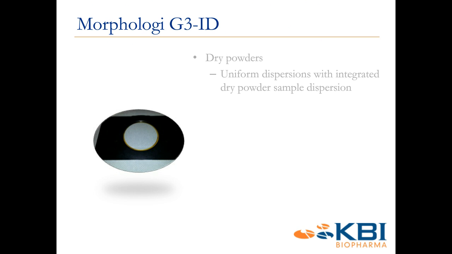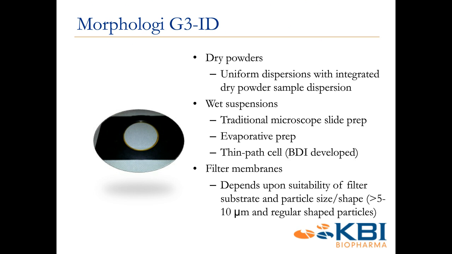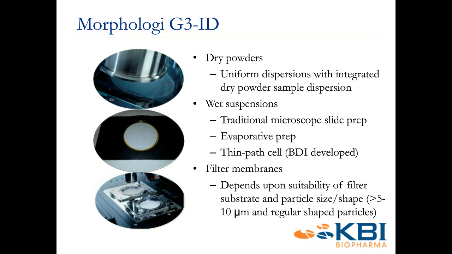So again, we look at the morphology, G3ID here. It's a great technique because it's very versatile in the types of samples we can analyze. We do a lot of dry powders. We can analyze thousands of particles to understand particle size with dry powders, as well as the chemical identity as well. We do wet suspensions. We can do solutions with a wet cell that we have available.